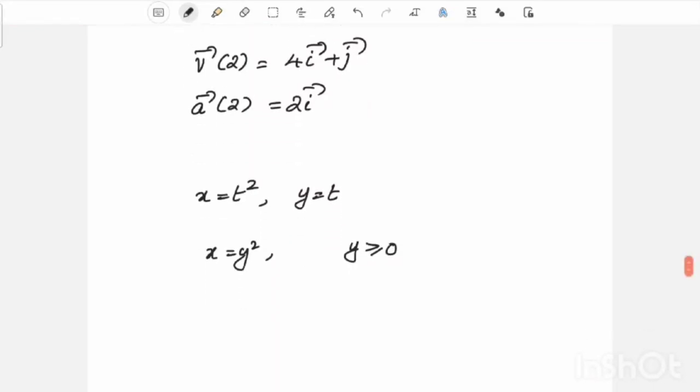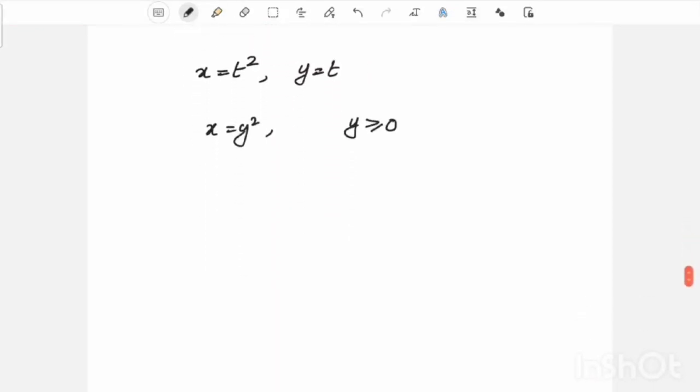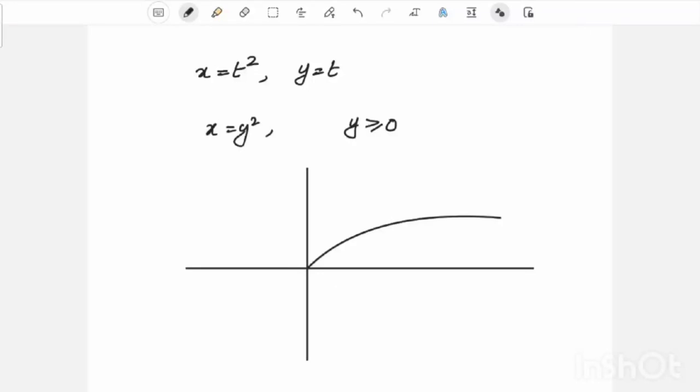So this is the path of the parabola. And we need to draw the vectors v of 2 and a of 2 at t equal to 2. Here when t is equal to 2, x is equal to 4.